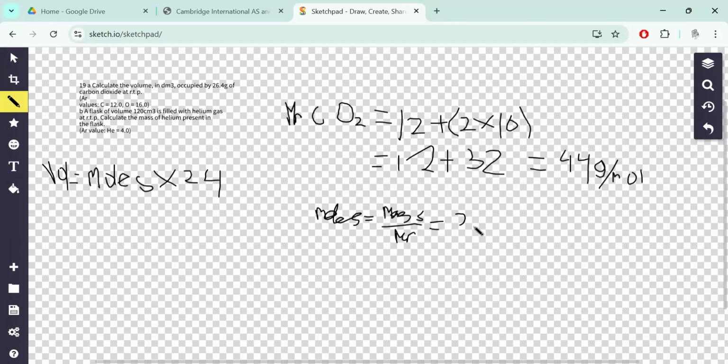So we're going to write it down, 26.4, because it will be divided by 44 gram per mole. So 26.4 divided by 44 equals 0.600 mole. So that would be 0.600.